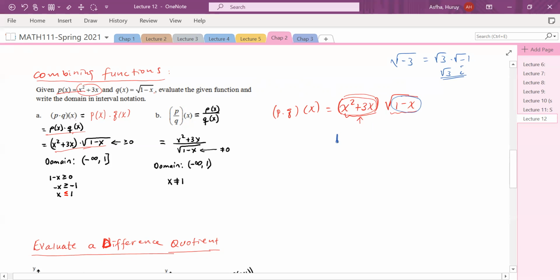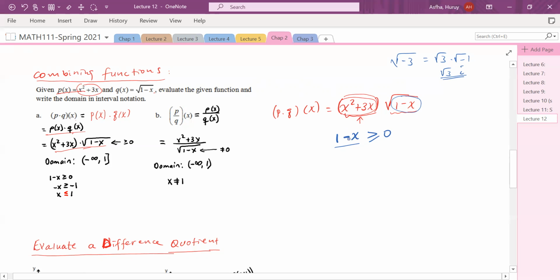Therefore, we want 1 minus x to be greater than or equal to 0. As a whole, this is the part inside the square root, and we want it to be greater than or equal to 0 always. In order to satisfy this condition, what would be the value of x? That's the question.